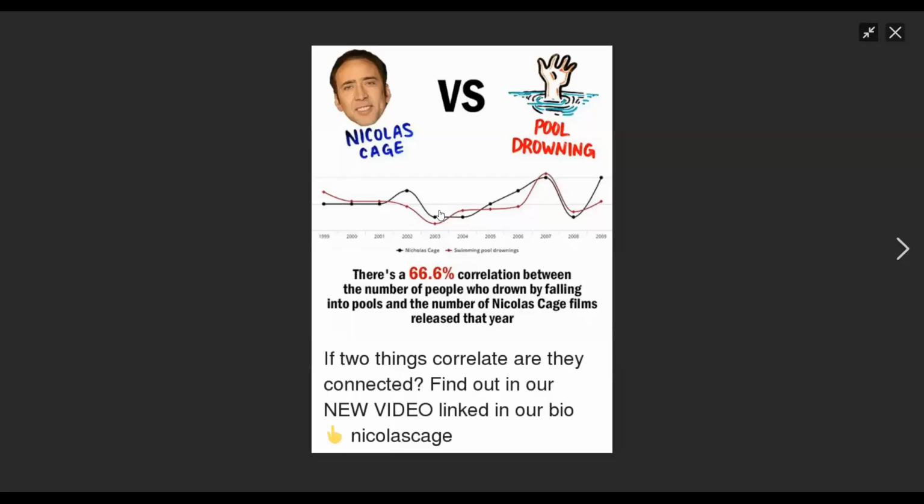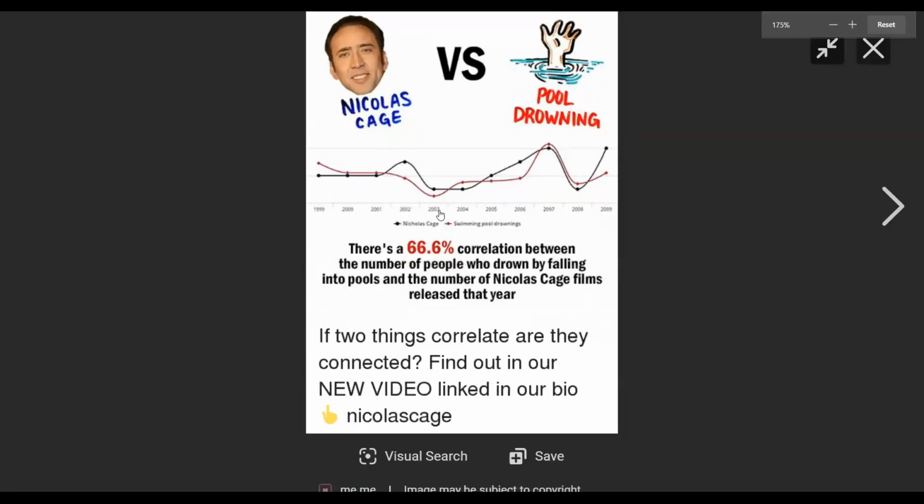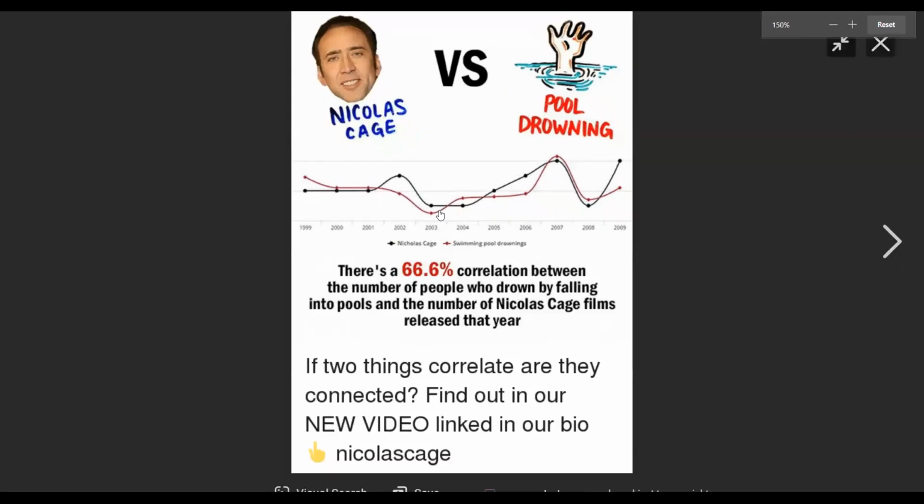It's a slightly small chart. Not sure if I can zoom in. Actually, seems to be making it worse. And look, is this the number of films he published? So there's a 66.6. That's considered quite high in the field, correlation between the number of people who drown by falling into pools and the number of Nicolas Cage films released that year.